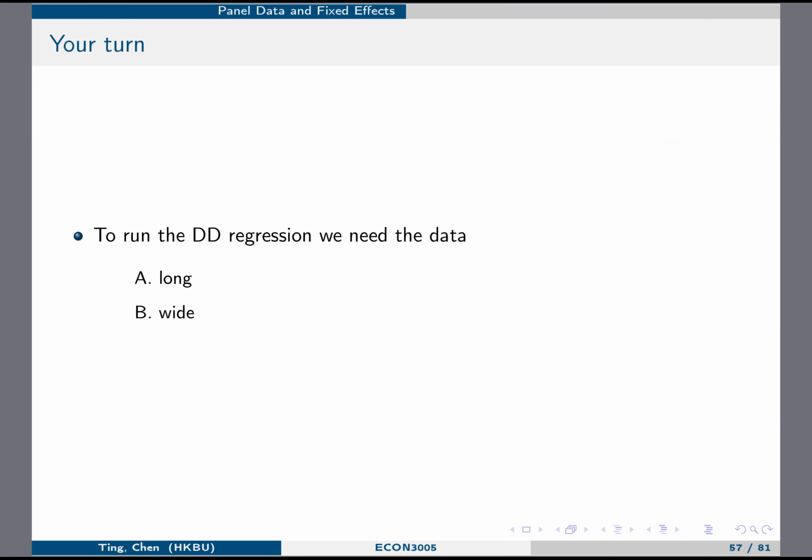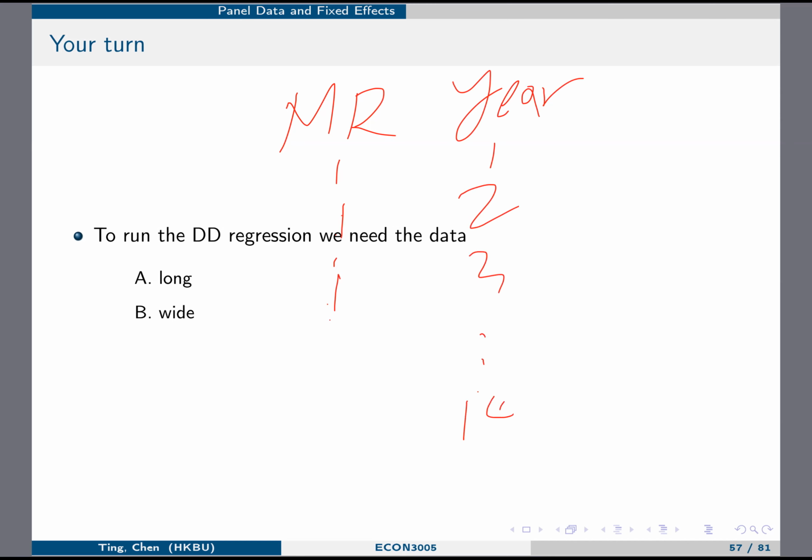Again, for that equation, we need a mortality rate for each state and each year: year 1, year 2, year 3, up to year 40.